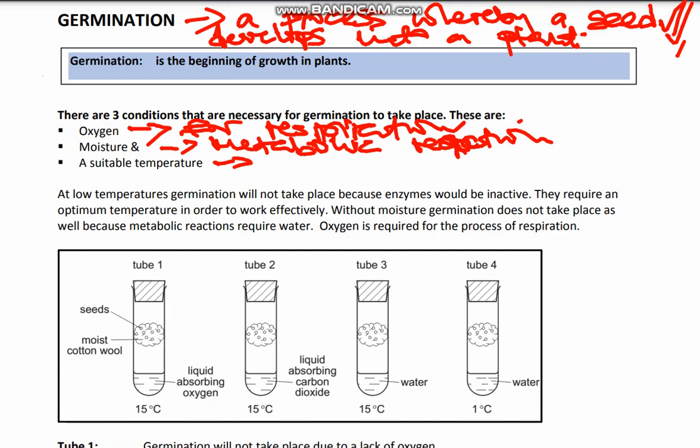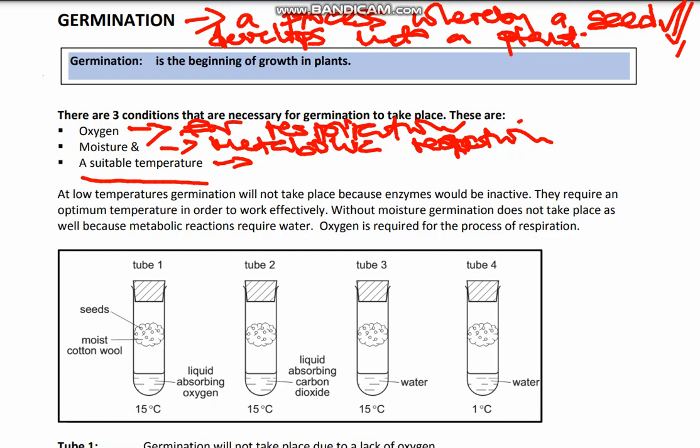For those enzymes to be active in promoting the process of germination, there is a need for a suitable temperature. So suitable temperature is very vital, because it causes enzymes to work effectively.